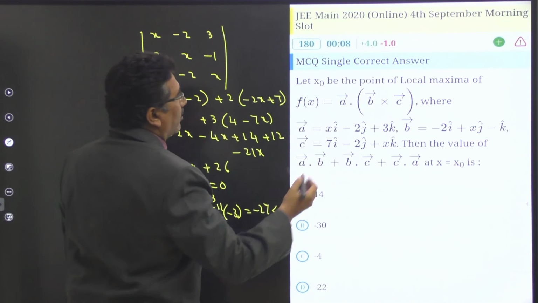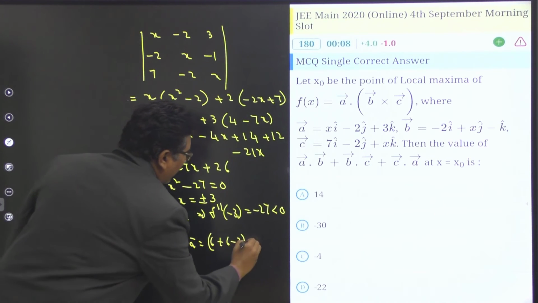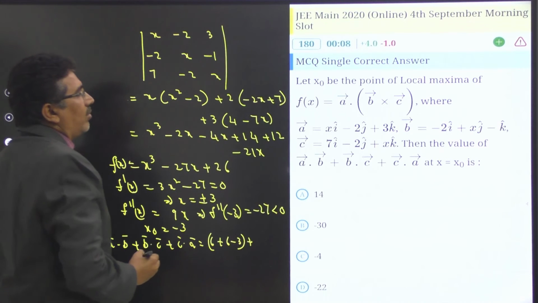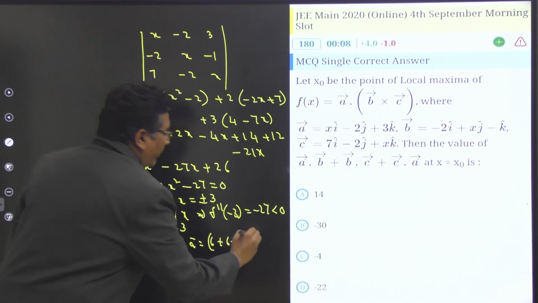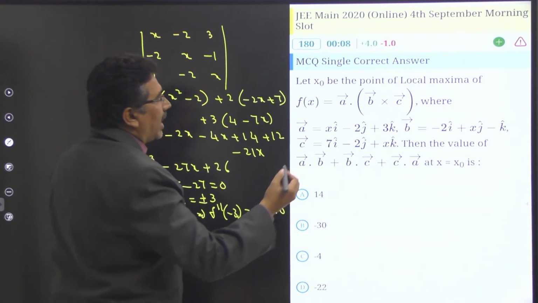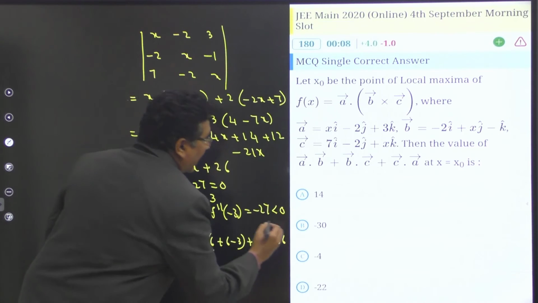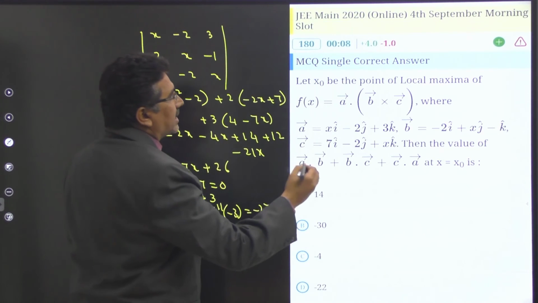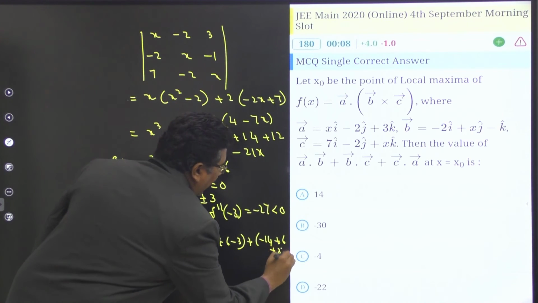Now b bar dot c bar is minus 2 into plus 7, that is minus 14, plus minus 3 into minus 2 plus 6. Now x is minus 3 into minus 1 plus 3 plus 3.